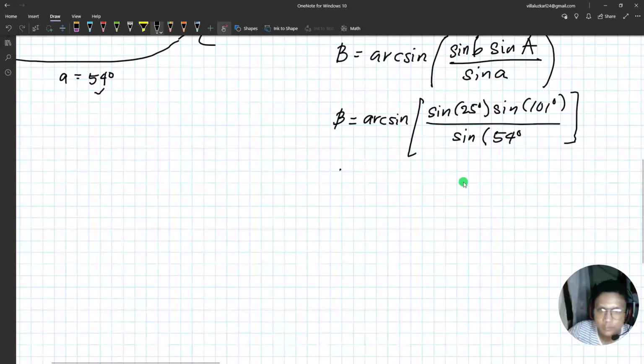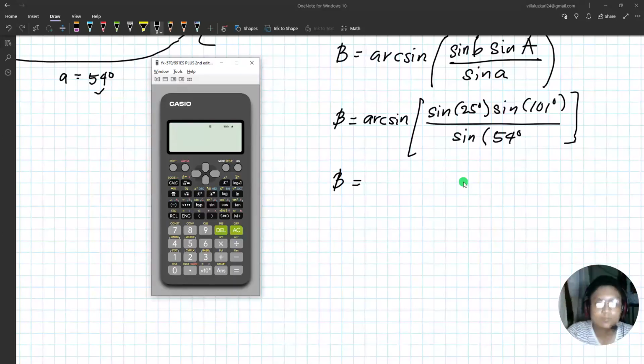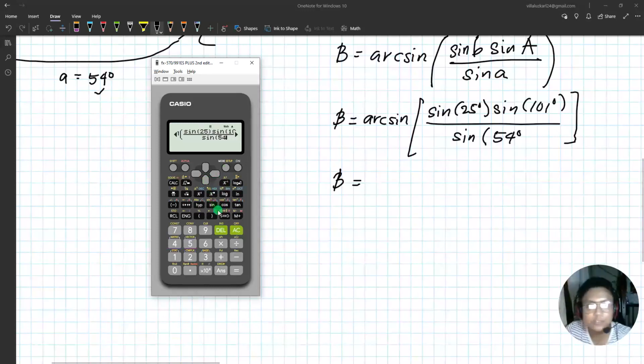Using our calculators, we can already solve angle B using sine law. Arc sine of sine 25 and sine 101, make sure that you are in degrees mode, divided by sine 54.